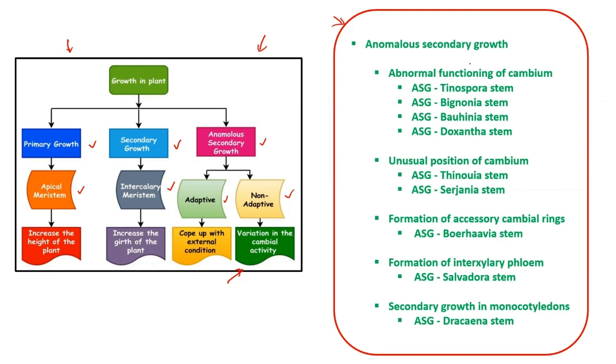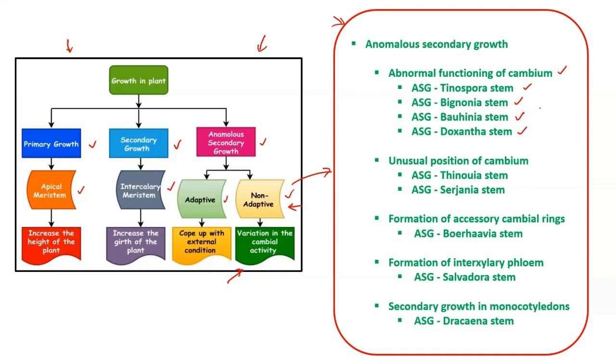Okay, so abnormal functioning of the cambium, and this basically talks about the non-adaptive reason. This table talks about it. Okay, so the abnormal or the anomalous secondary growth takes place because of the abnormal functioning of the cambium. Now, this kind of anomalous secondary growth you will find in Tinospora stem, Bignonia stem, Bauhinia stem, and Doxantha stem.